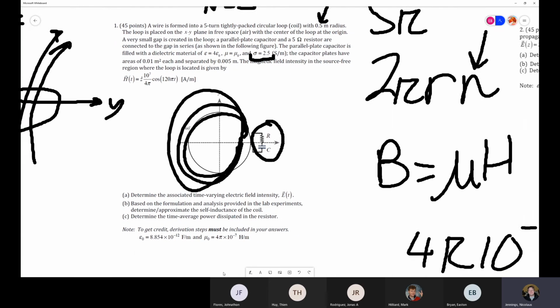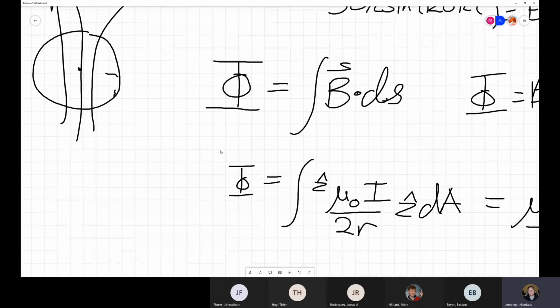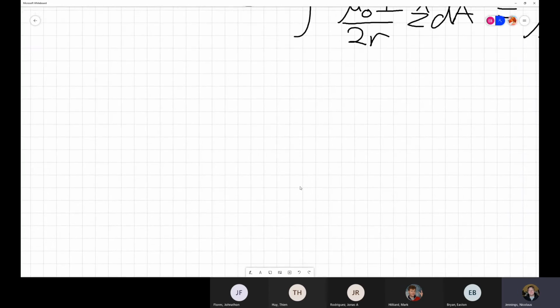The conduction current is basically an equivalent parallel resistor with the capacitor. And then we'll get the area of the capacitor right here, 0.01 meters squared, separated by the plates, separated by like 5 millimeters. I'll draw the equivalent circuit down below so that we can get a better idea of what we're looking at.